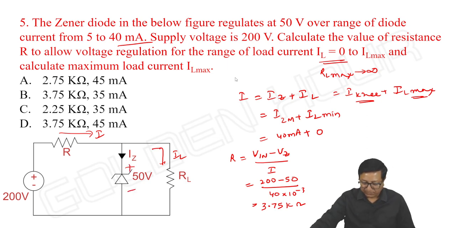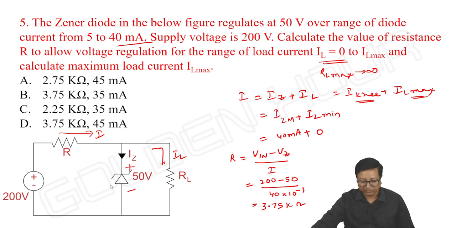So for maximum load current, IZ should be maximum. We can find IZ maximum is known, I is known. So from I and IZ maximum, I can find IL minimum. Okay, that is known already. What they are asking us to find is IL maximum.